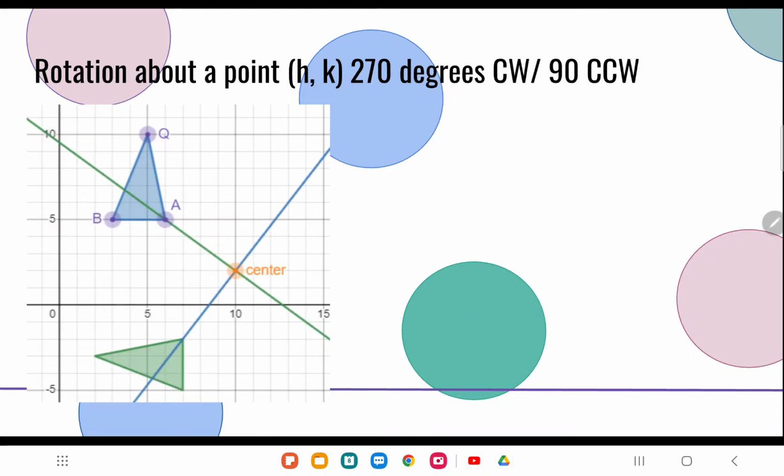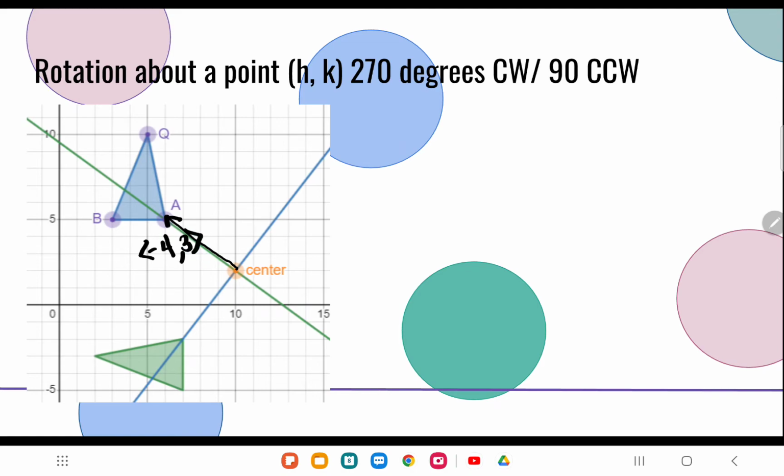Finally, we'll rotate 270 degrees clockwise or 90 degrees counterclockwise about our center here at 10, 2. So our center of rotation has changed slightly. Our points A, B, and Q have remained in their same locations. So starting from our center of rotation, drawing my vector to A, I'm going -4, 3.